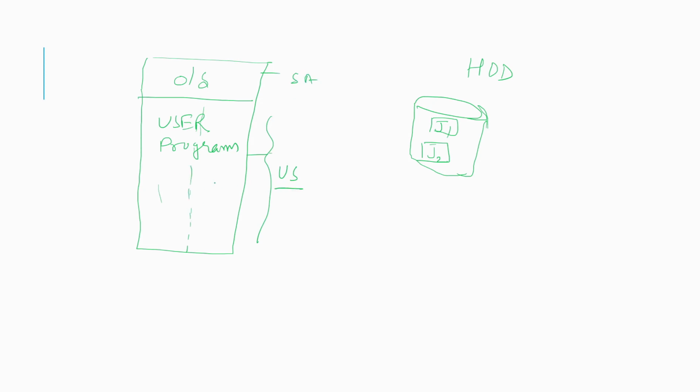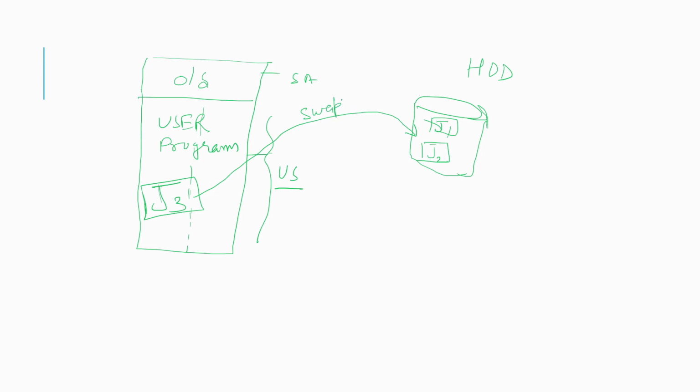Suppose currently one job, J3, is running. We can run multiple programs here, which we call multi-user programs. What we can do is swap out J3 into the secondary storage; this we call swap out.